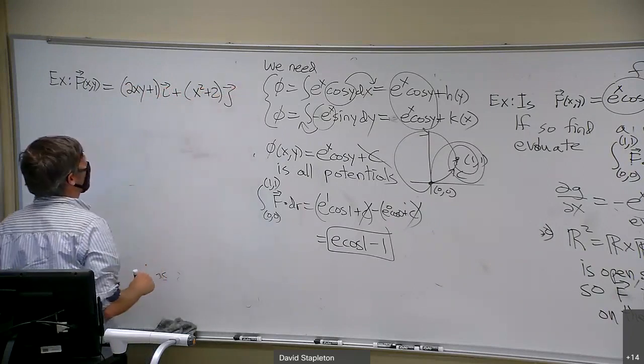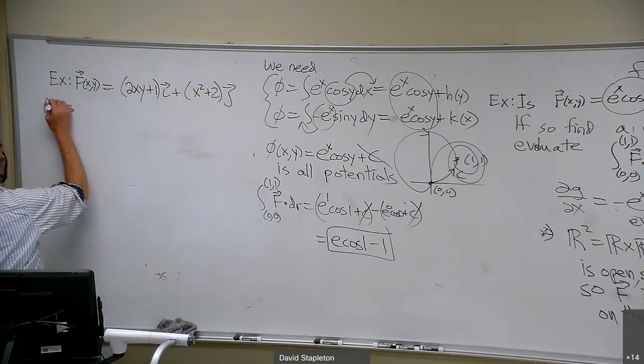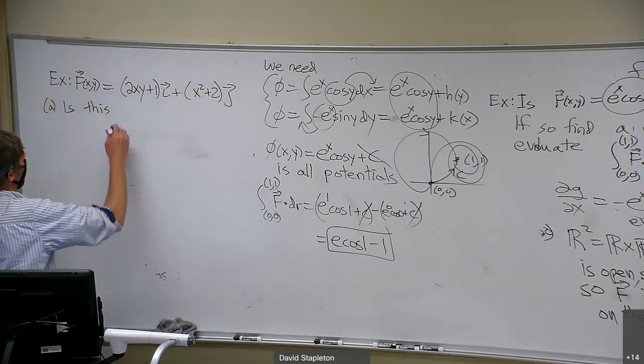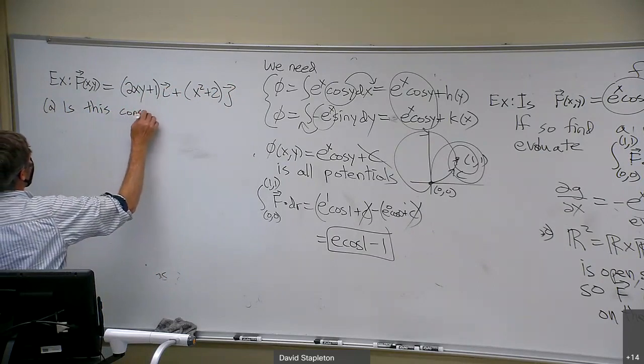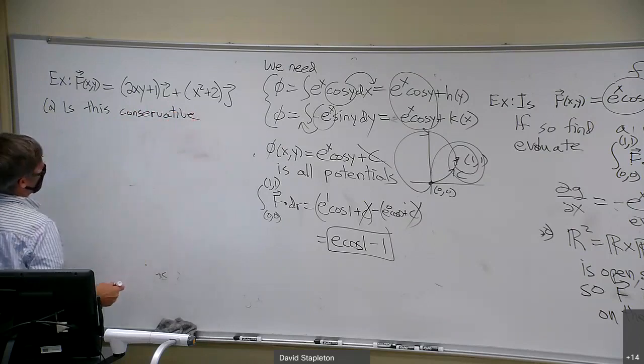Is that conservative? We can test if it's conservative by doing the partial integrals, but maybe it's faster just to apply the test, especially if we think it's not conservative.